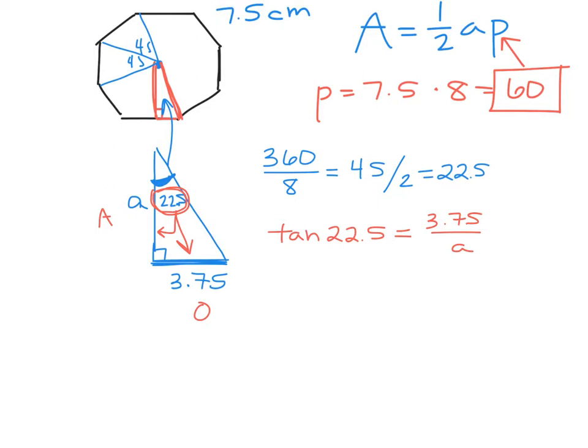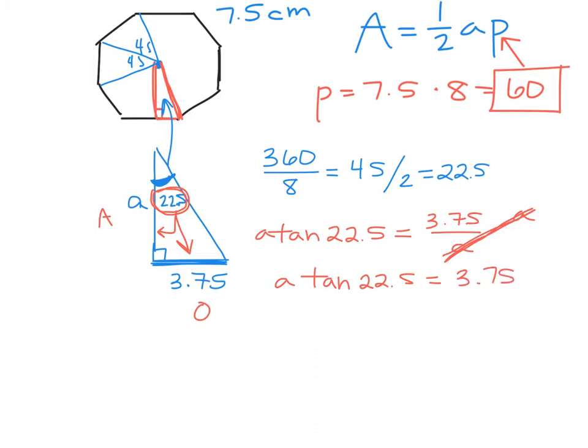What is your next step? So then you try to isolate A. Right. We're going to multiply by A on both sides to get A out of the denominator. Okay, so now we have A tan 22.5 equals 3.75.